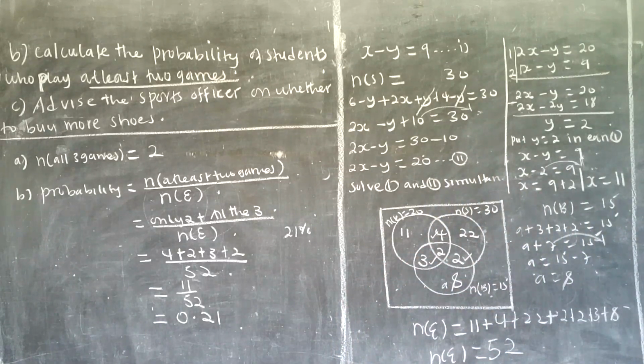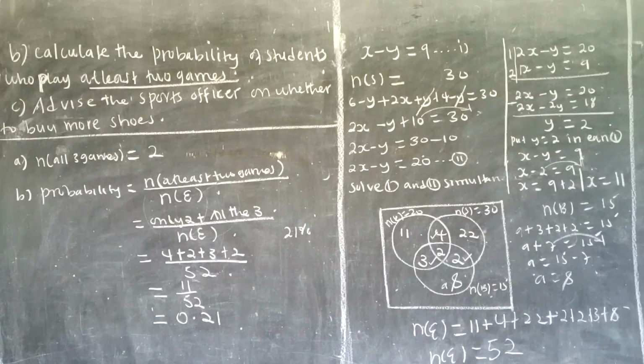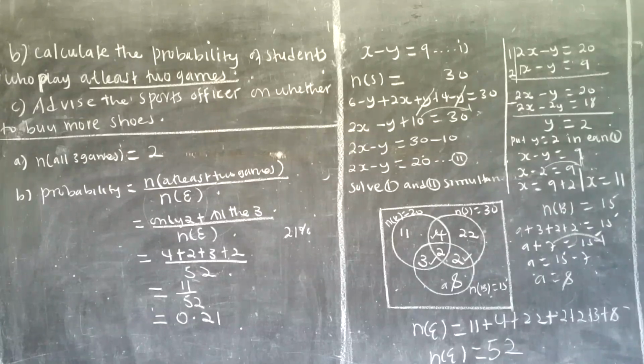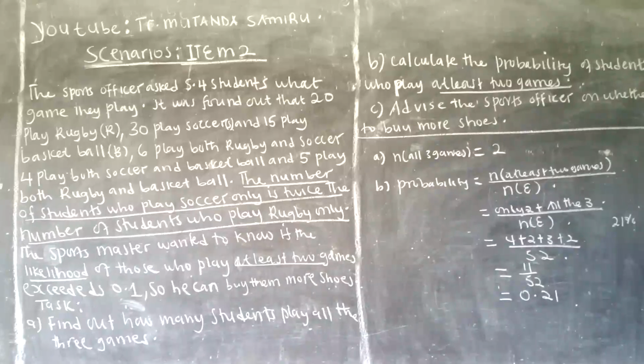We are going to part C, where they're saying to advise the sports officer on whether to buy more shoes. Now, let's see which condition the sports officer depends on in order to get these guys more shoes. Which condition is that? Okay, great.